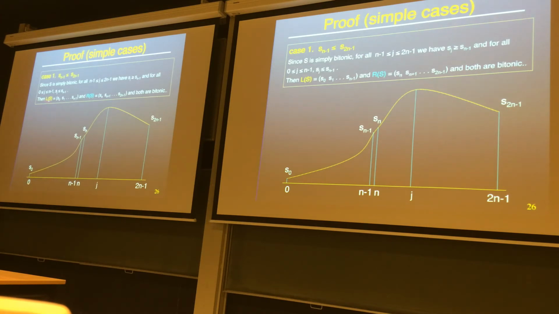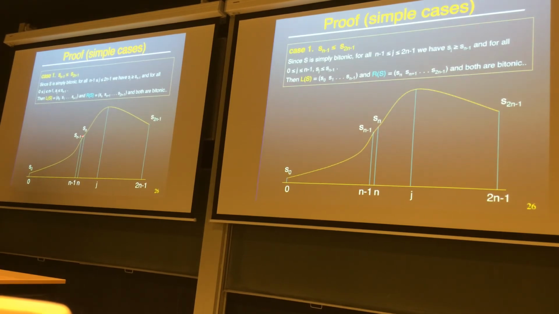If you now take the L of S, then the L of S compares corresponding elements in the first half with corresponding elements in the second half. Now we know that every element here in the second half is at least as large as every element here. Why? Well, here the sequence is increasing, so before j, every element is larger than every element here. And this element is larger than the maximum element in the first half, and every element before it is also larger, so every element here is also larger.